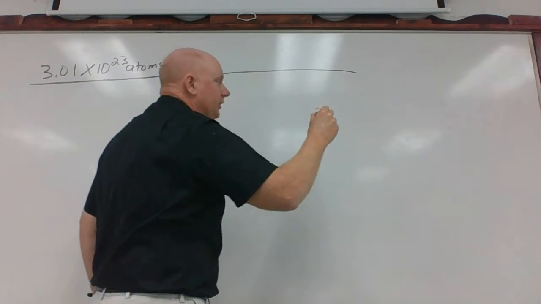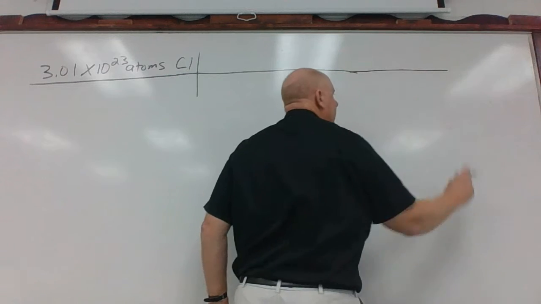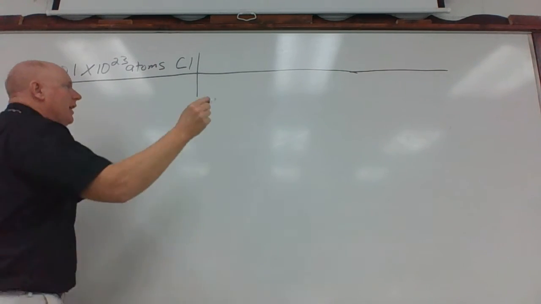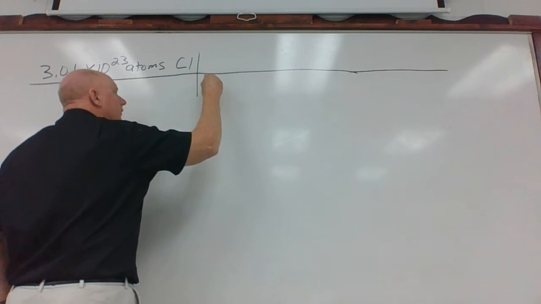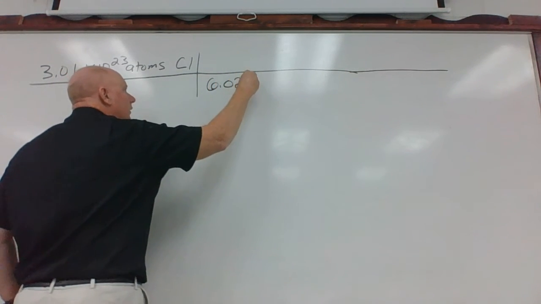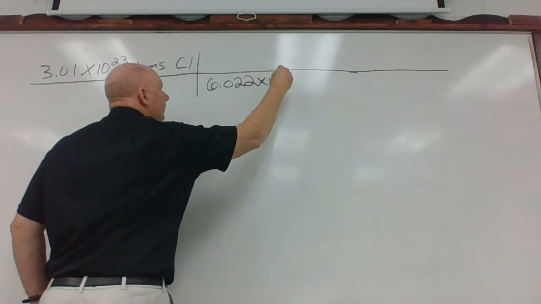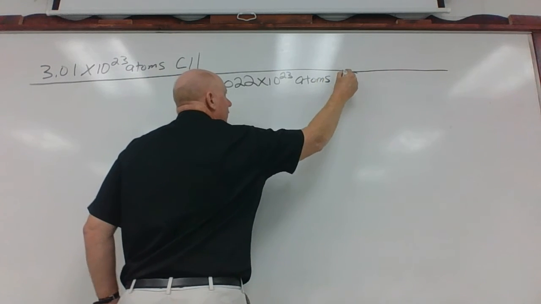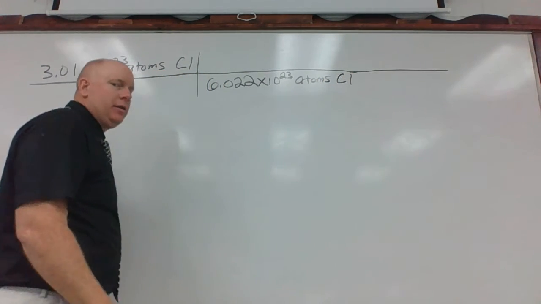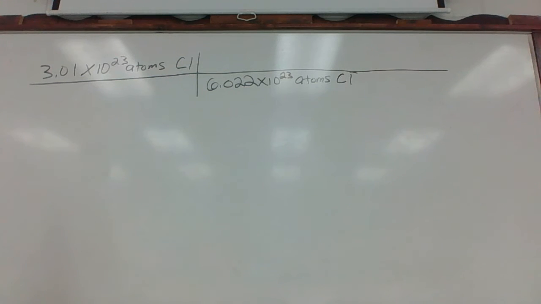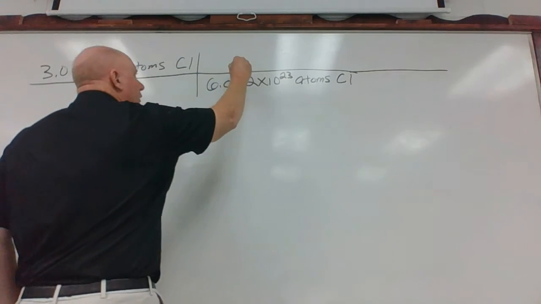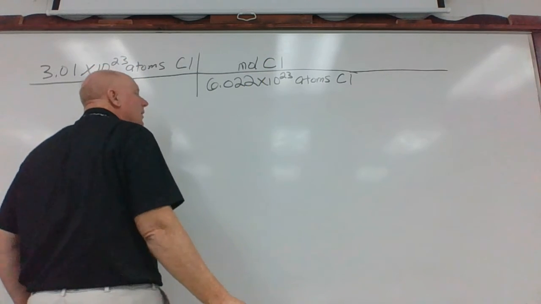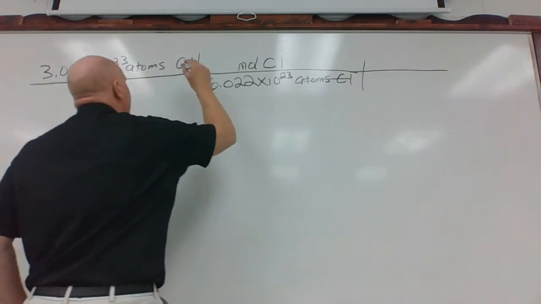So how do we get this to cancel out in our next step? Okay. So with that, that constant is what? Again, that is atoms of chlorine, and then that gives you what? 1 mole of chlorine. Okay. So notice our atoms are gone.